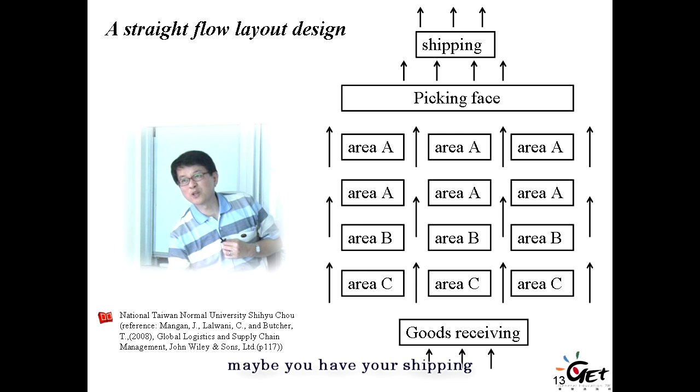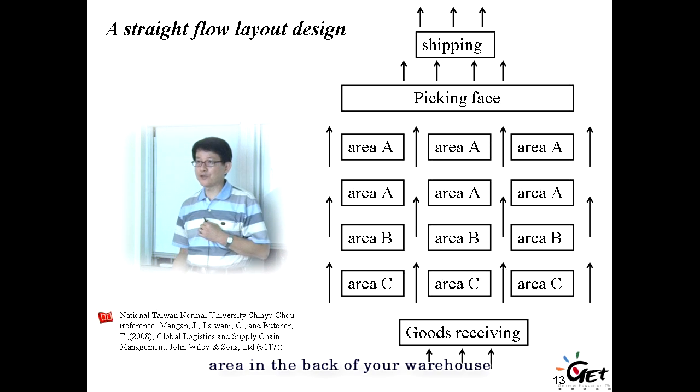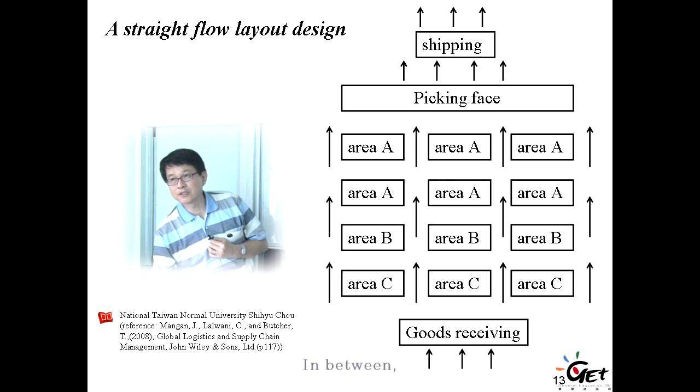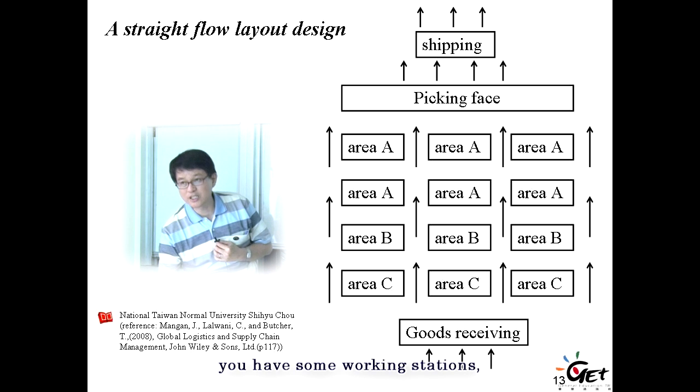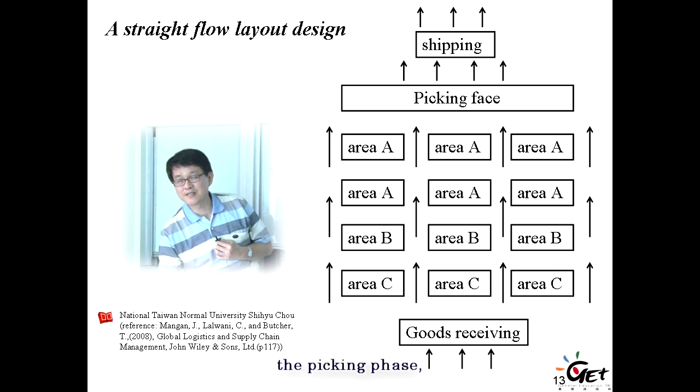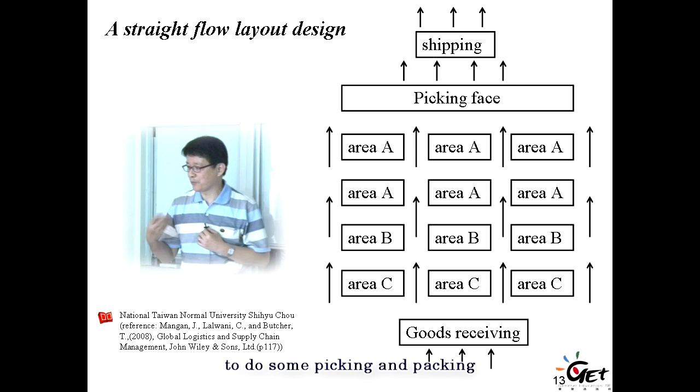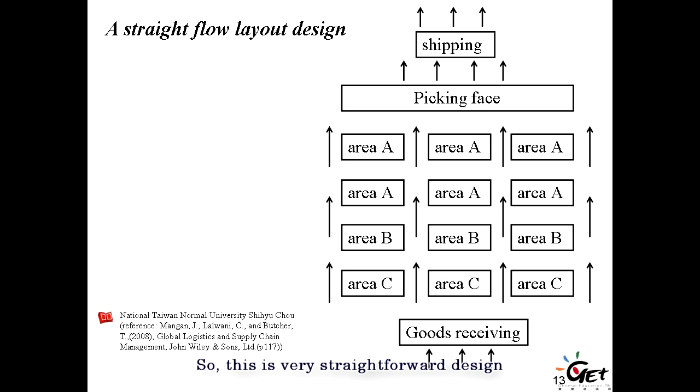Maybe you have your shipping area in the back of your warehouse. In between, you have the storage areas. You have some working stations, the picking phase, to do some picking and packing. So this is a very straightforward design.